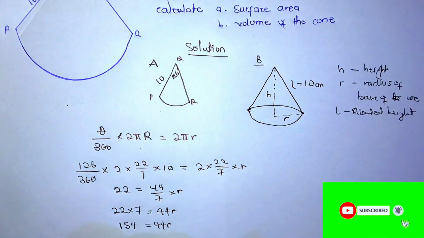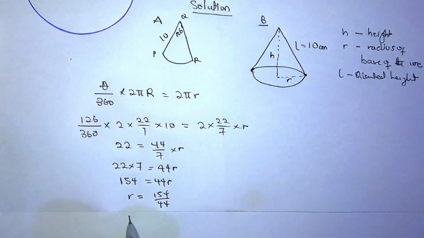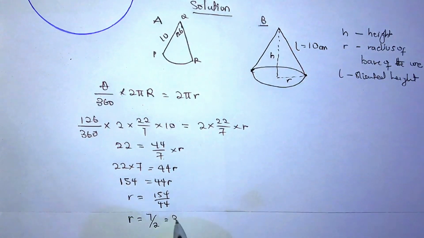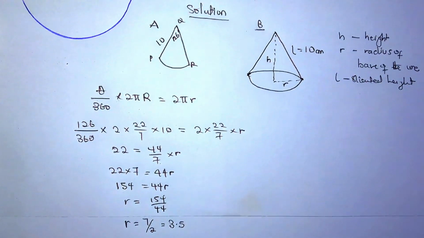And r is going to be 154 over 44. And we can get the radius r to be equal to 7 over 2, which is 3.5. So that gives us the radius.